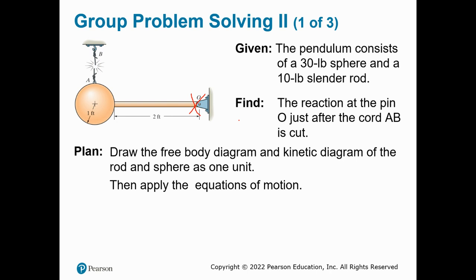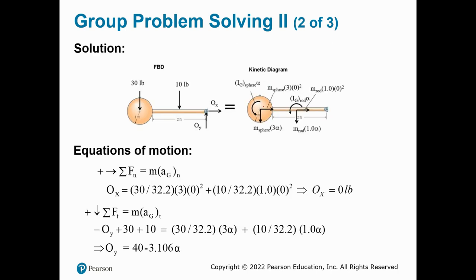And then your kinetic diagram, since we're rotating, don't forget, in addition to your m a_t and m a_n for both of them, you also have the I_G for the sphere, I_G sphere alpha, and the I_G rod alpha.